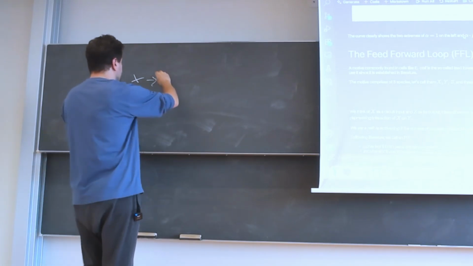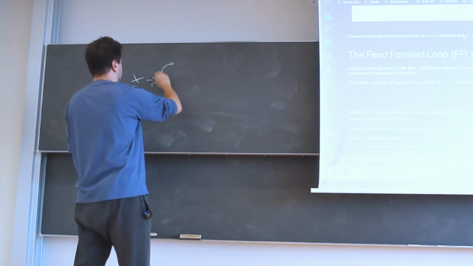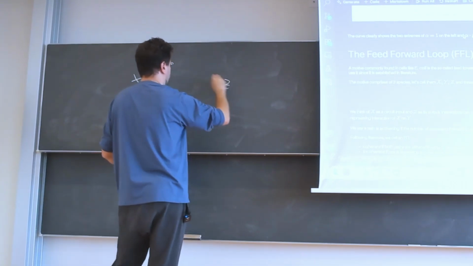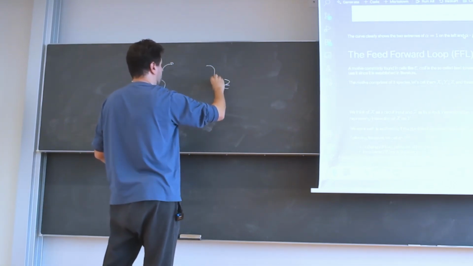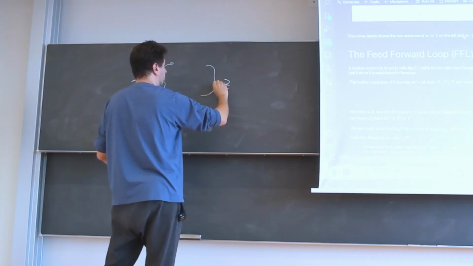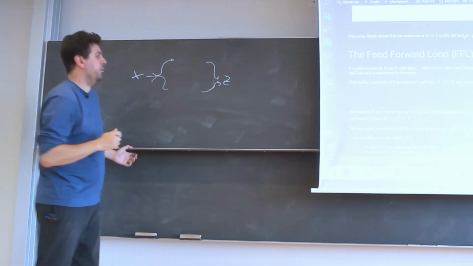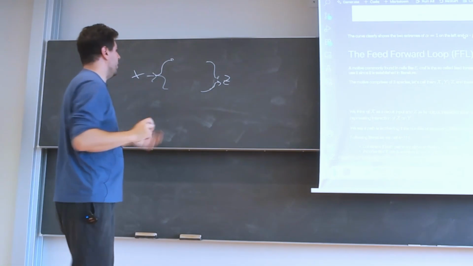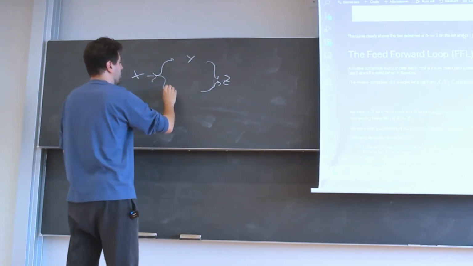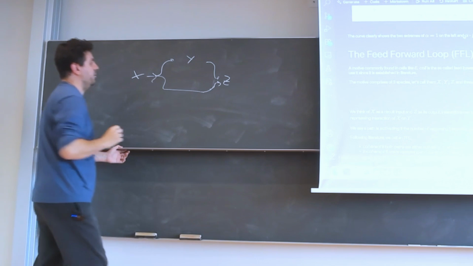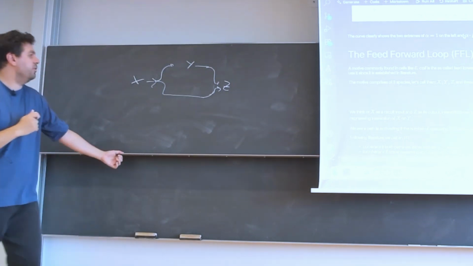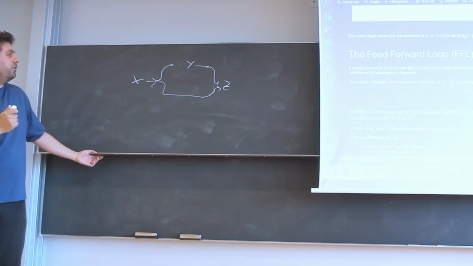Then this is split up, and here you have an output Z. Let's make this as two different inputs for a reason we will see in a second. And you have some intermediate Y here, and here we are just directly connecting. So this is a kind of an FFL circuit.